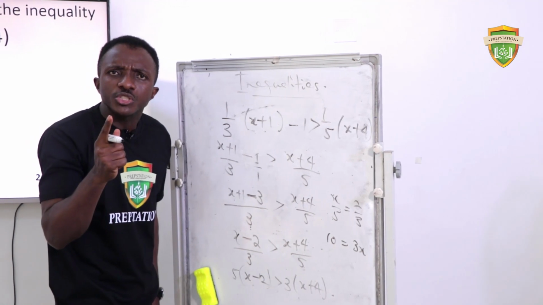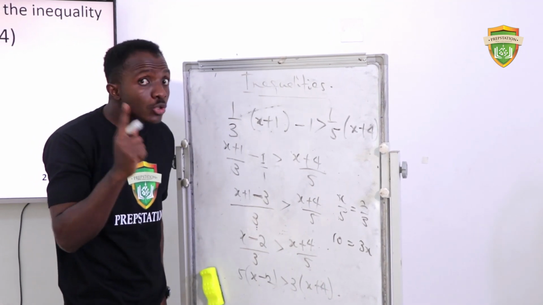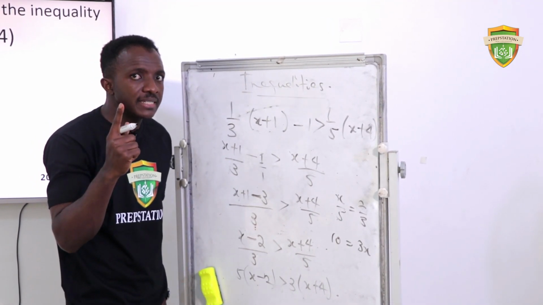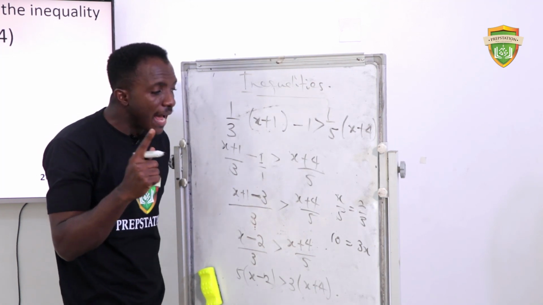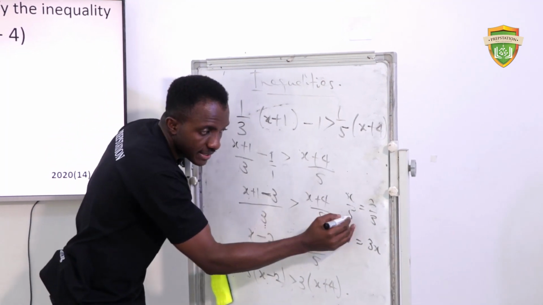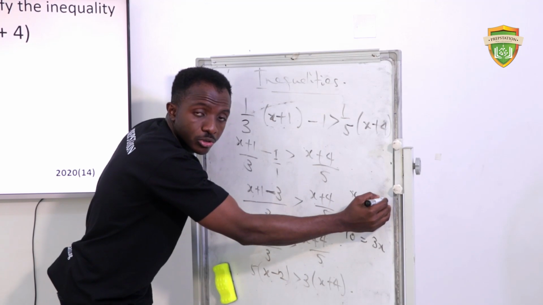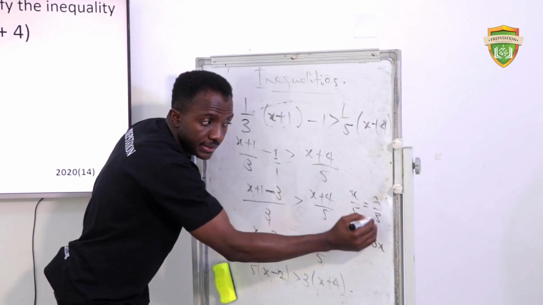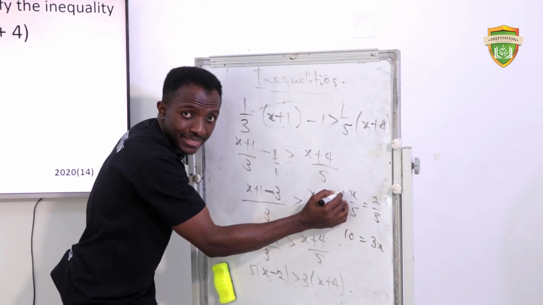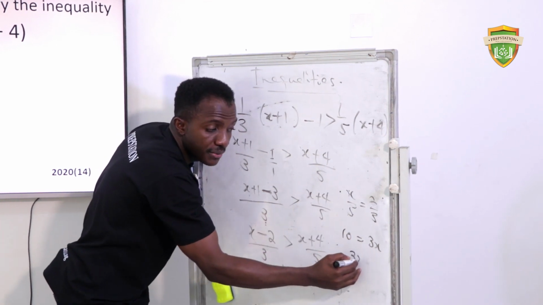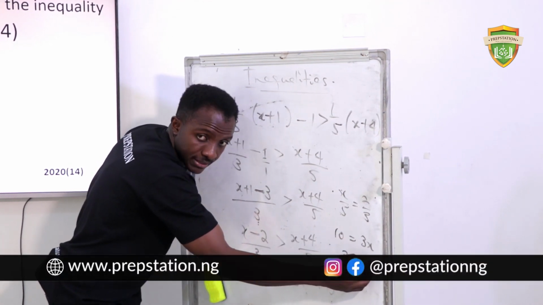For your normal equation, you get the same answer, but not for your inequality. Please take note of that. The right way to cross multiply is this. 5 goes to 2. 3 goes to x. So it should be 3x equals 10.